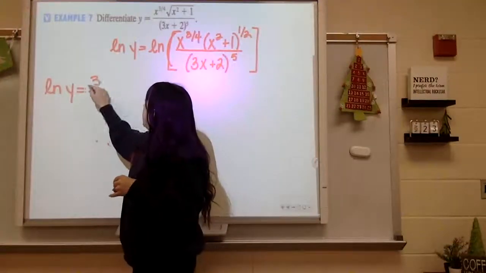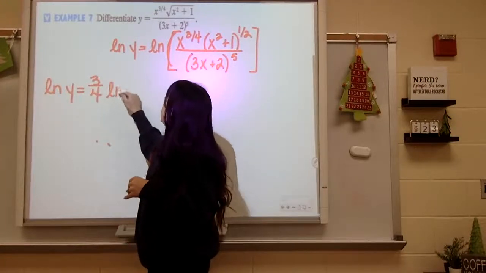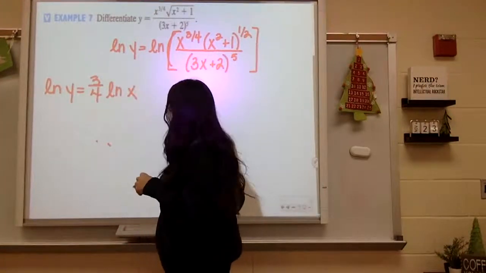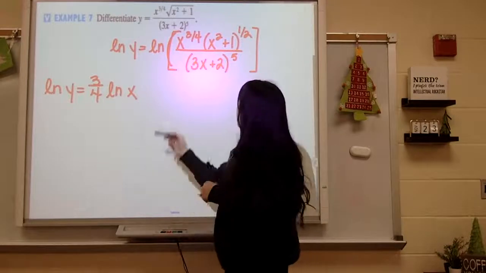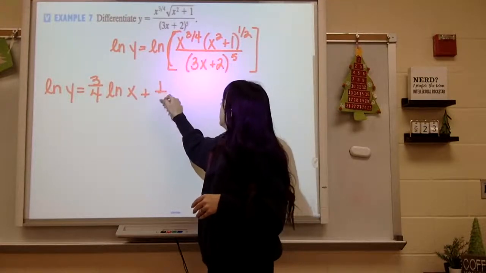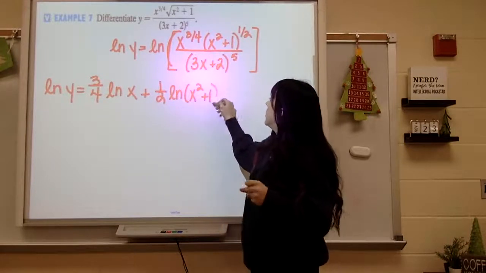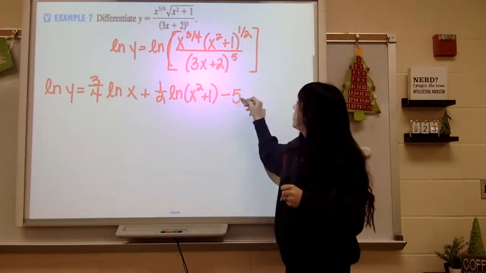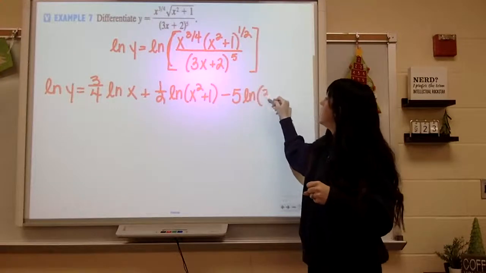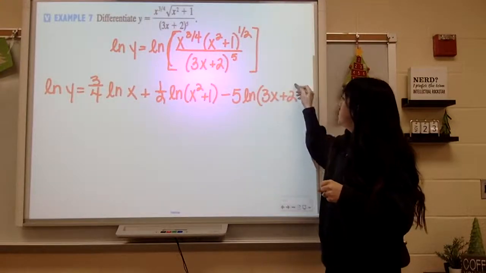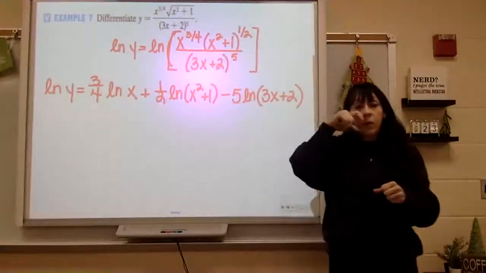I'm going to do all this in one step just to speed up this process, using all my properties at one time here. So using my properties, this is what I would end up with.